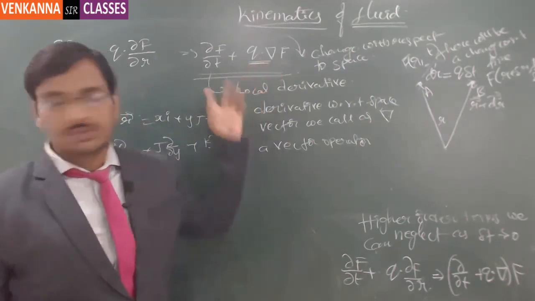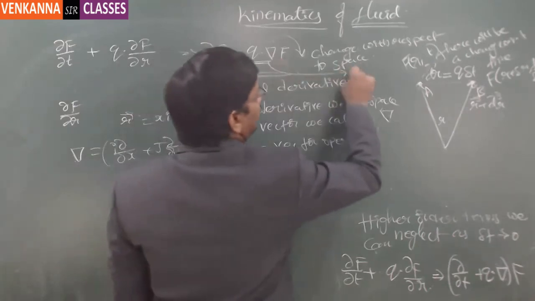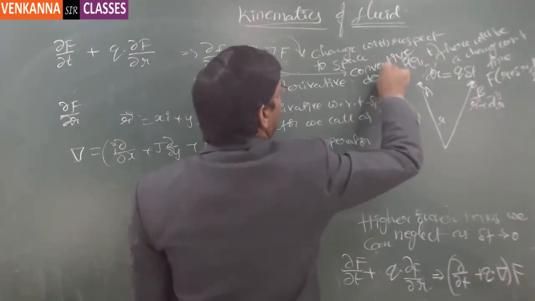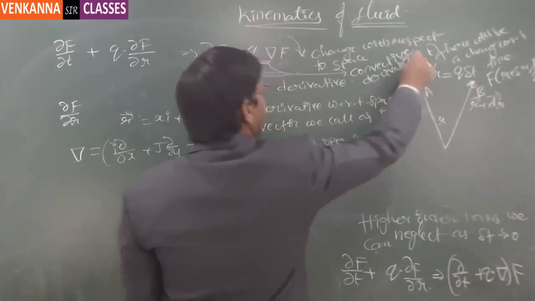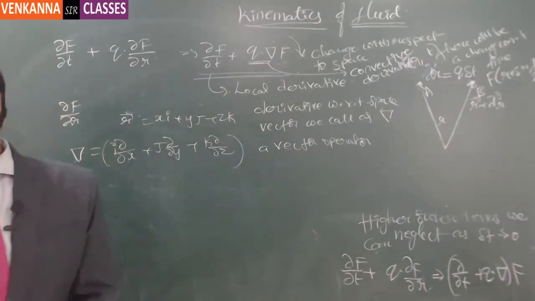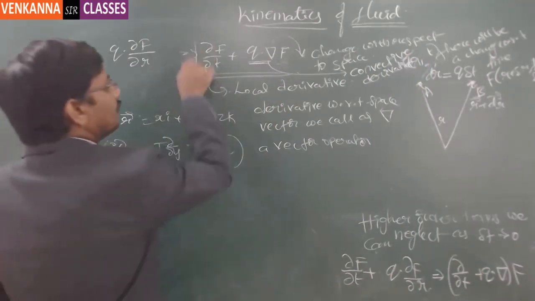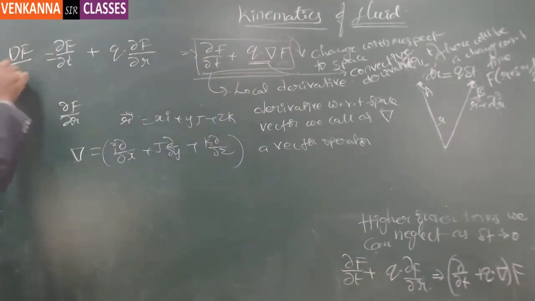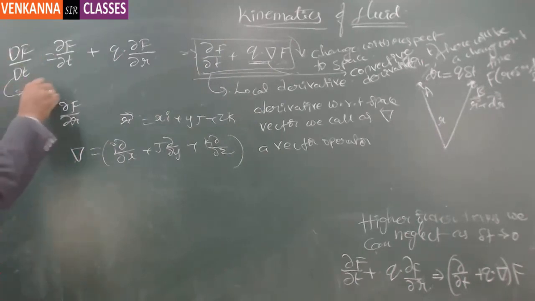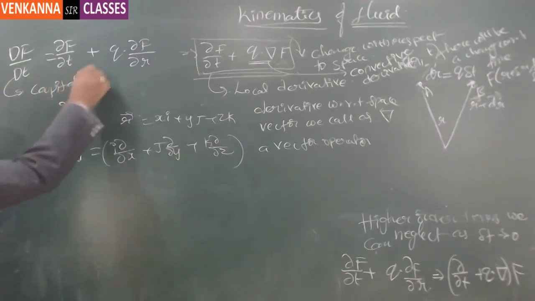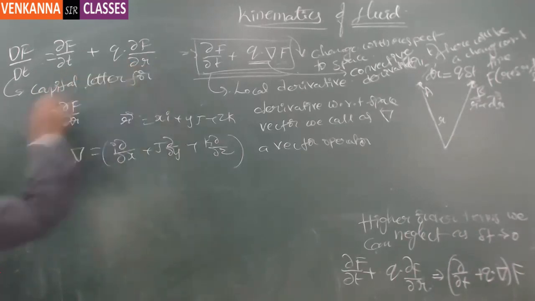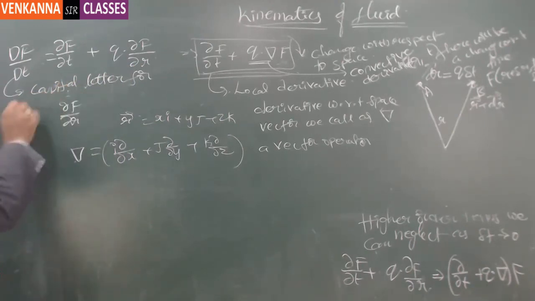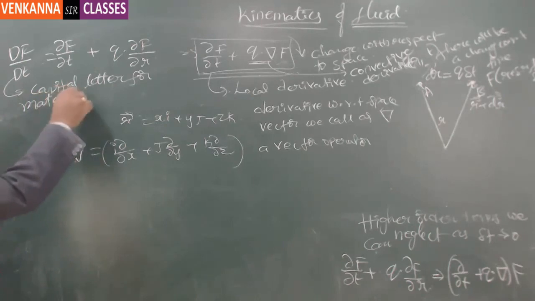This is called the convective derivative. Now, these two derivatives together we call as df by dt. Here, if you notice, we use a capital letter. Sorry, together we call it the material derivative.